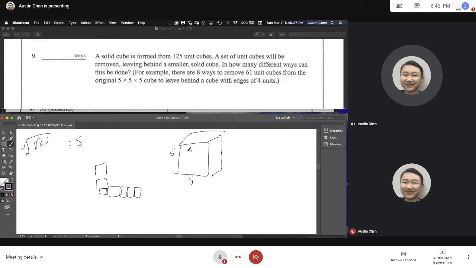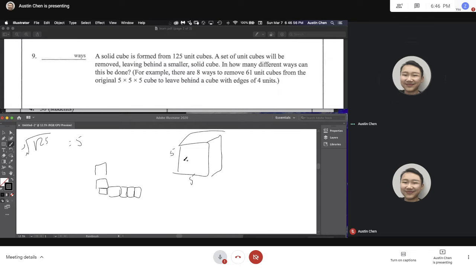When you just think of that, it seems kind of hard, but you can just count it based on how many different cubes you can have in this cube. If we're looking at 4 by 4 by 4, the number of ways for us to remove cubes and get that cube is just the number of 4 by 4 by 4 cubes that we can fit in our 5 by 5 by 5 cube.